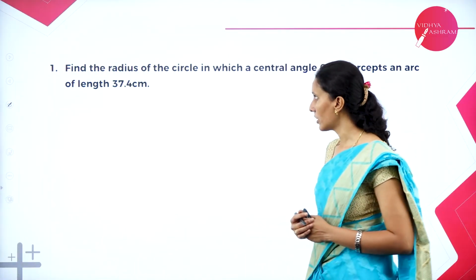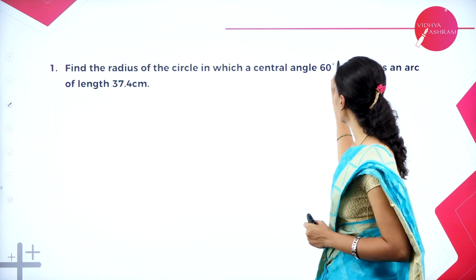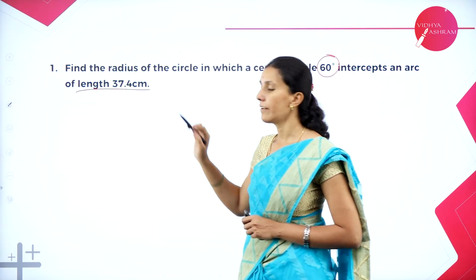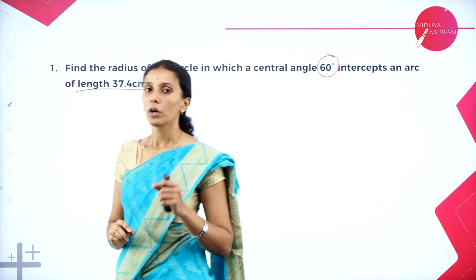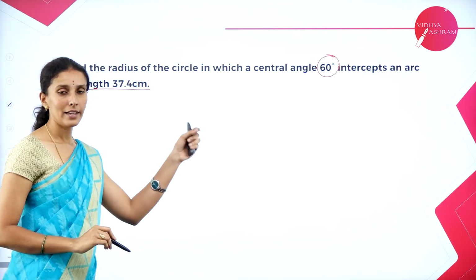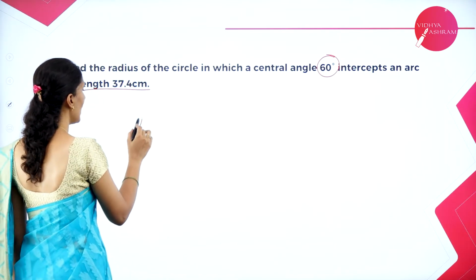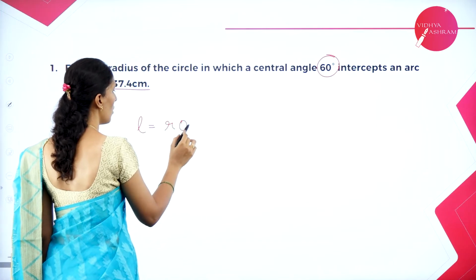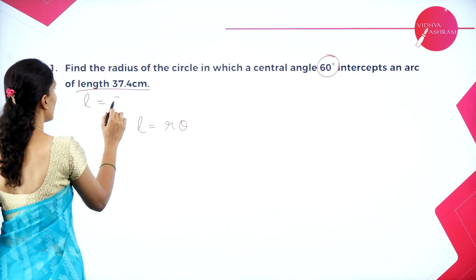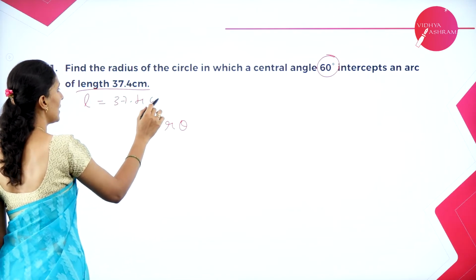We have a question here. Find the radius of the circle in which the central angle is 60 degrees and the arc length is 37.4 centimeters. What is the formula related to the length of arc, radius and angle? That is L is equal to R theta. What is given in the question? L is given, that is 37.4 centimeters.